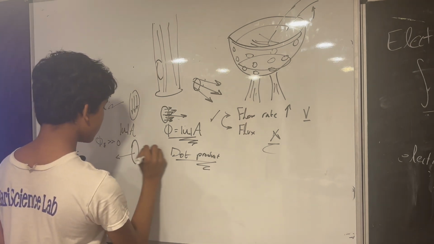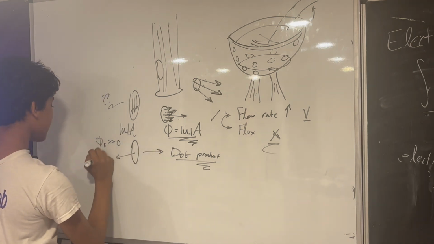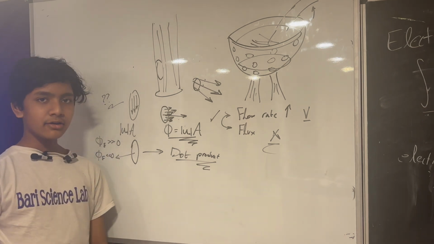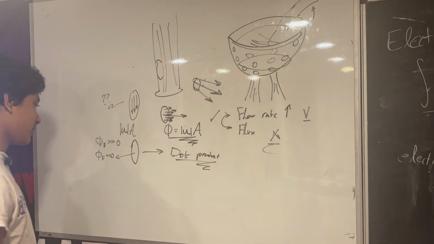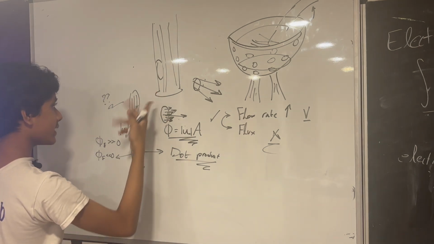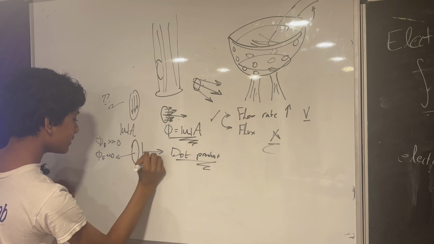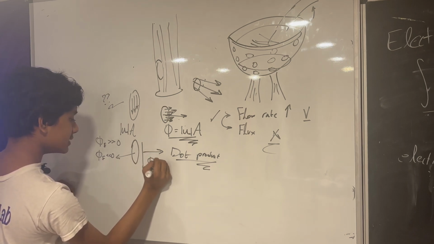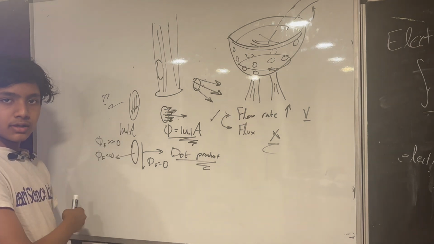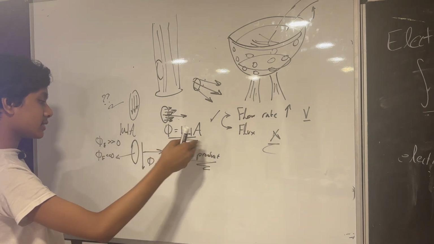Now, if it's into the hole, the flux should be very negative because you're measuring what's leaving. Anything that's entering subtracts from the total amount that's leaving. And if something's flowing sideways, like in our pipe example, then the flux should be exactly zero because nothing's flowing through. Nothing's coming in, nothing's coming out.